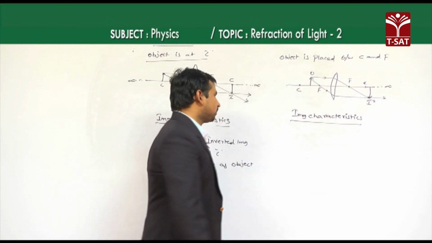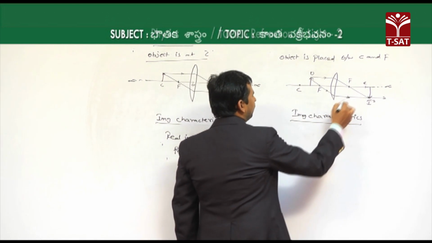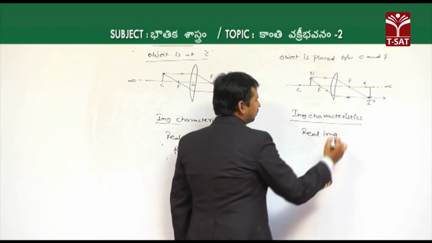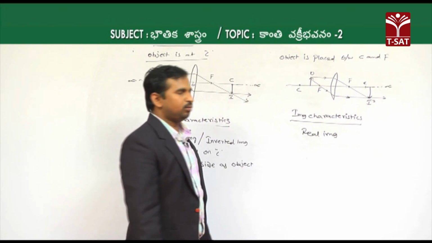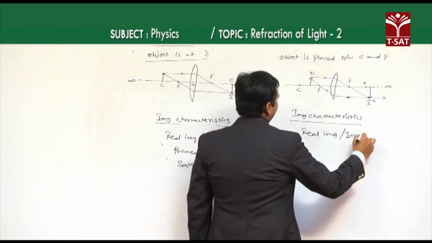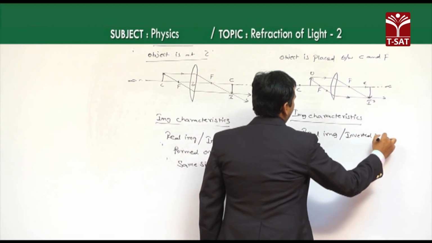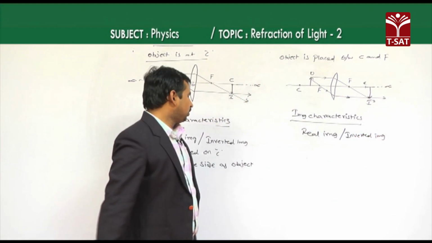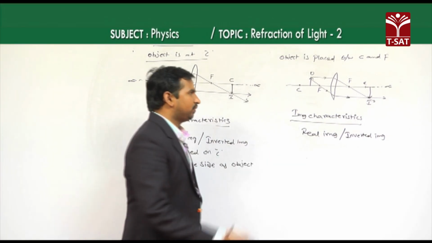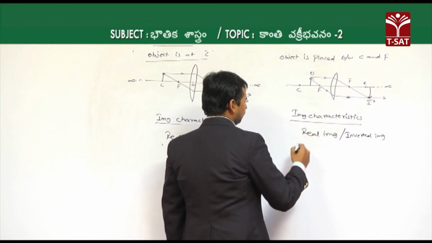So as the light rays really meet at a point, the image formed is a real image. And all real images are inverted images. Okay. Now here the image position is forming between C and infinity, which is beyond C.